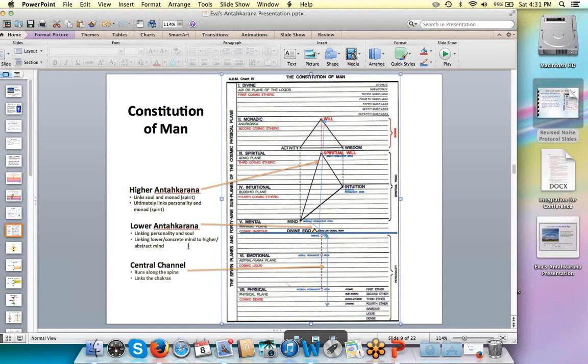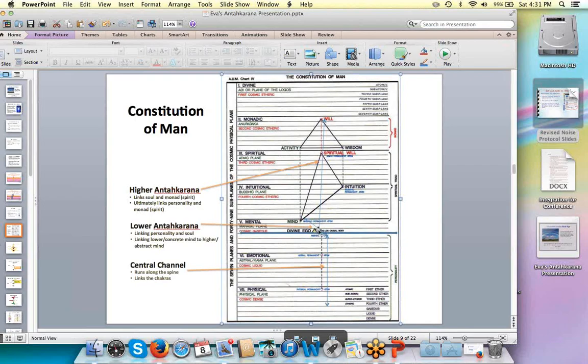Now, the two areas that we're concerned about, as we said earlier, are the lower Antahkarana and the higher Antahkarana. The lower Antahkarana links the personality, which is all of this, with the soul, linking concrete mind, right here, which is the mental unit, with the soul, and then right up to the bottom of the spiritual triad.